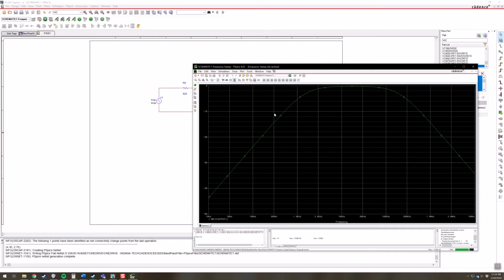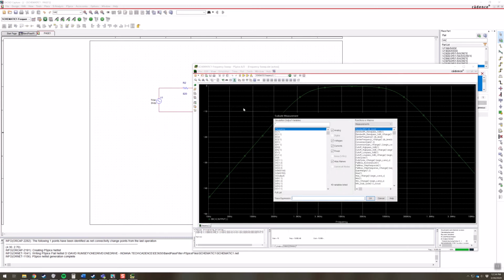Okay, so let's go ahead and do some measurements on here to see if we got information that is consistent with our computations that we did. So let's go ahead and do evaluate measurements. Now there are several things here. We have a bandpass, the bandwidth.